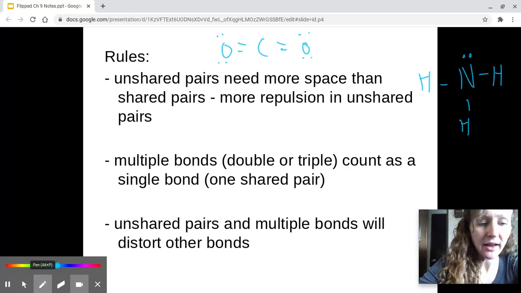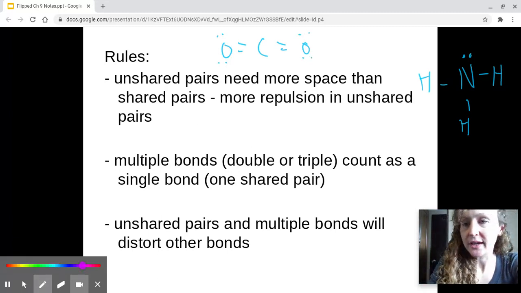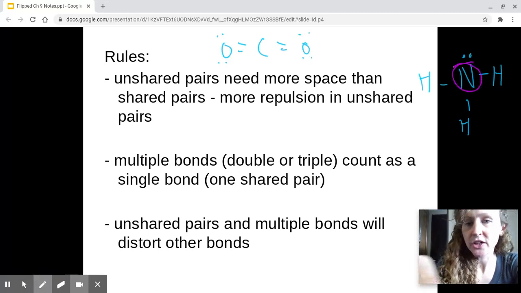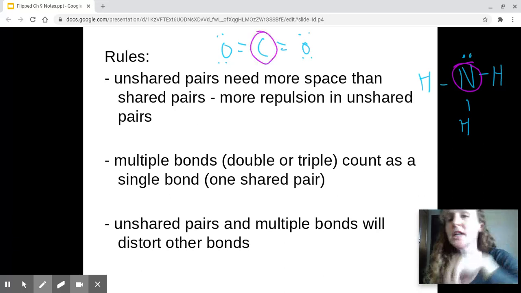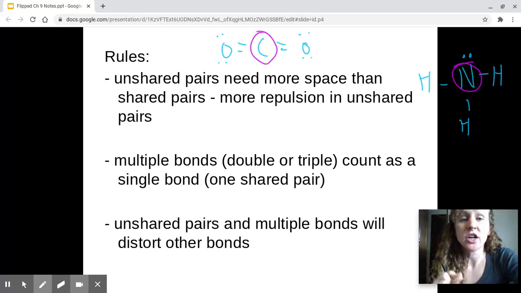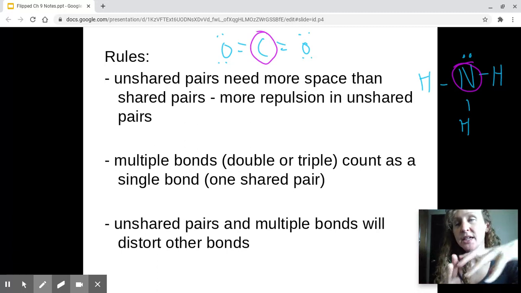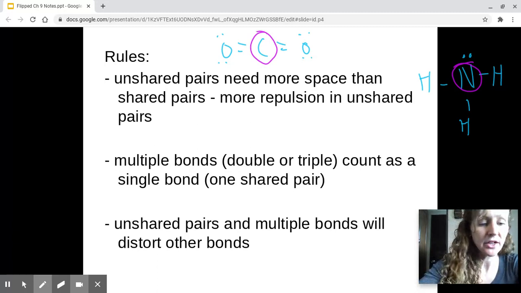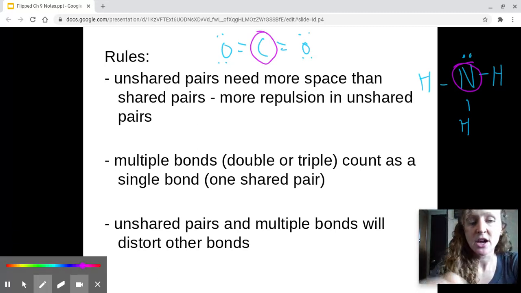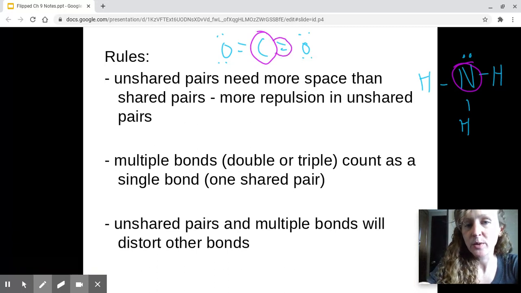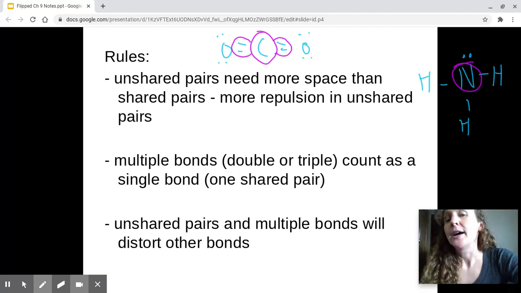we look at the central atom. The central atom for this is nitrogen. The central atom for this is carbon. What we're looking for is electron pairs that repel each other. Now nitrogen and carbon are in different scenarios for a couple of reasons. First of all, this carbon has a double bond on one side and a double bond on the other side.